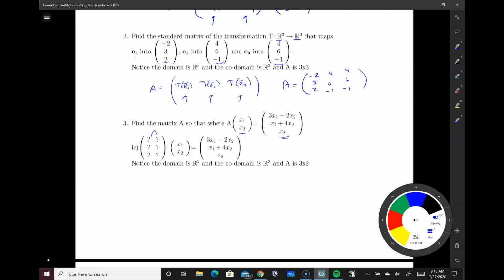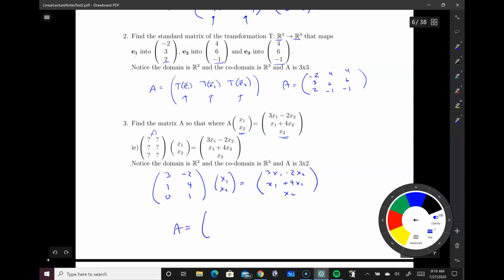So it's going to be the matrix 3, -2, 1, 4, 0, 1 that gets multiplied by x1, x2 to get 3x1 minus 2x2, x1 plus 4x2, and then x2. So you would just need to write down the answer A. I just want to make sure that you see where I'm getting that from or how I'm thinking about it. So this is the matrix A.